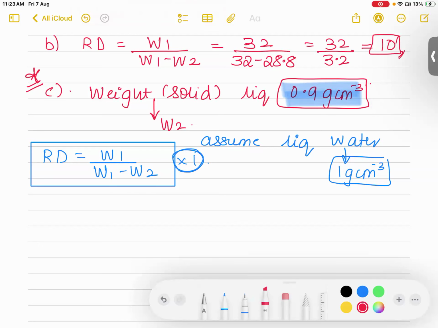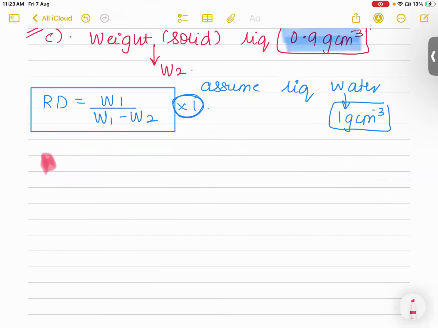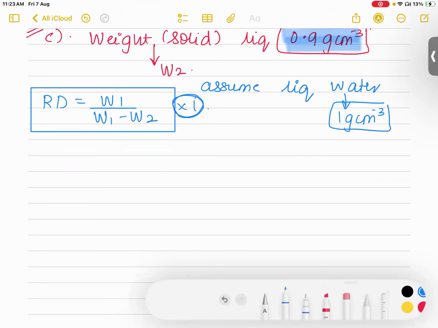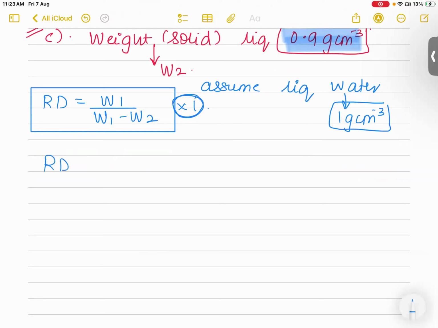So guys, my formula will be modified. RD is equal to weight in air upon weight in air minus weight in liquid, multiplied by its density, which is 0.9.